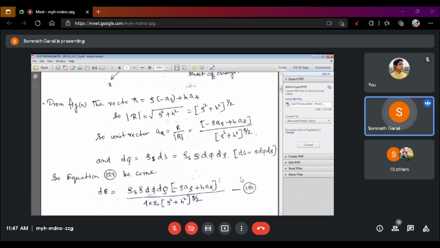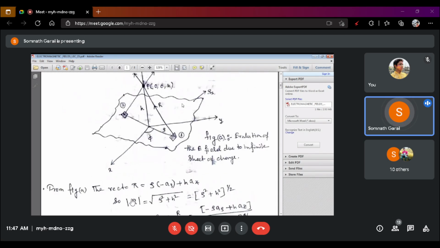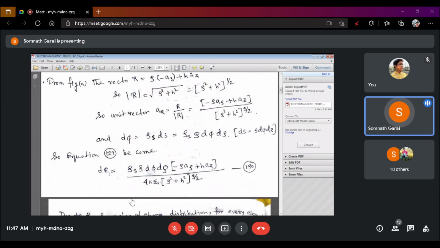Now equation 129 becomes dE equals, put the value of ds, that is rho s rho d phi d rho, and put the value of unit vector ar, whose value is minus rho arrow plus h az divided by rho square plus h square to the power 3 by 2 into 4 pi epsilon, that is constant.